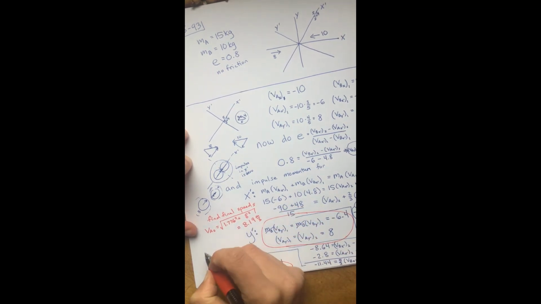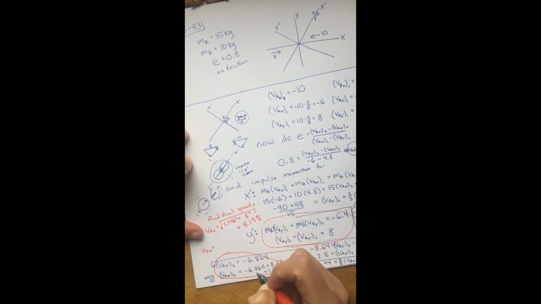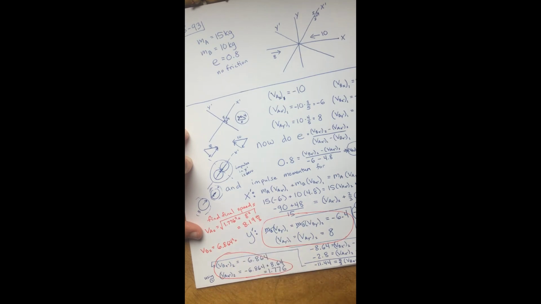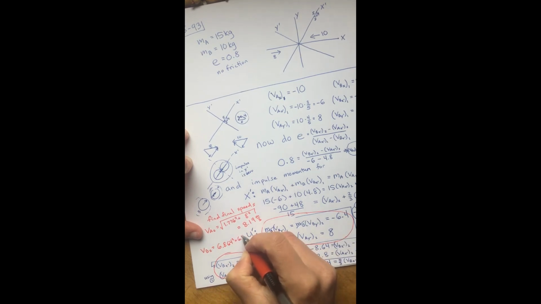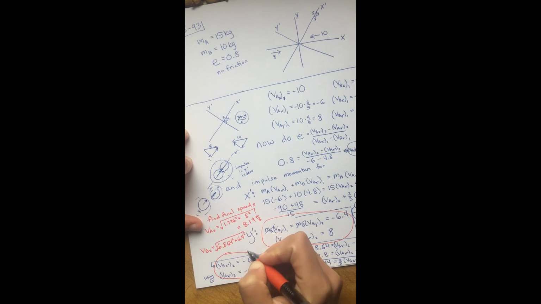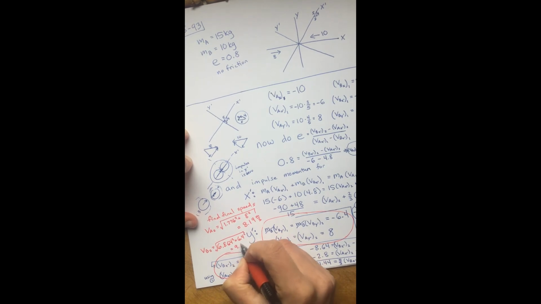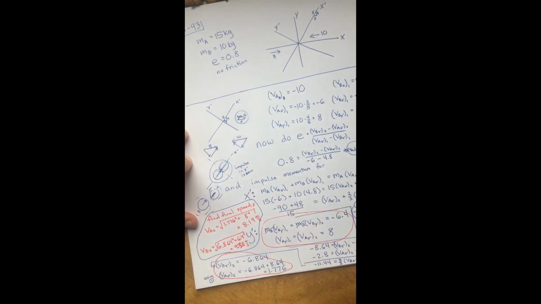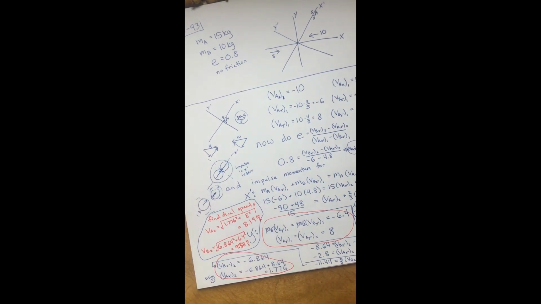And then for VB2, I have negative 6.864, but we're squaring it, so it doesn't matter that it's negative, plus the y prime component, which is negative 6.4, but again, we're squaring it, so that's not going to matter. And this gives us 9.38 meters per second. So here's our final answer. And that concludes 1593.